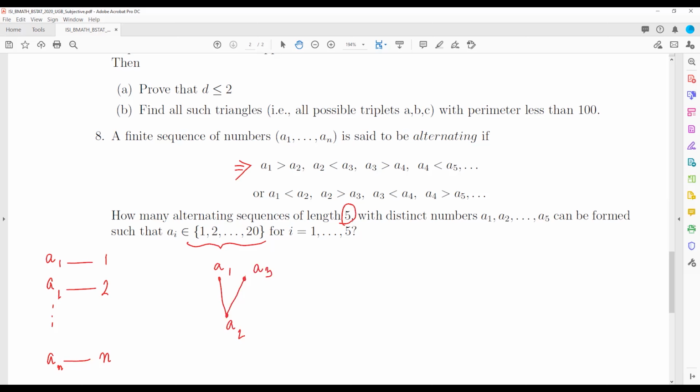Again a4 should be lesser than a3, so it's coming down, and again we don't know whether a2 is greater than a4 or a4 is greater than a2. Then going back up to a5, and a5 is greater than a4. And so on and so forth.